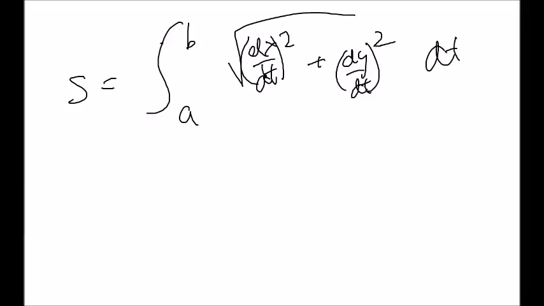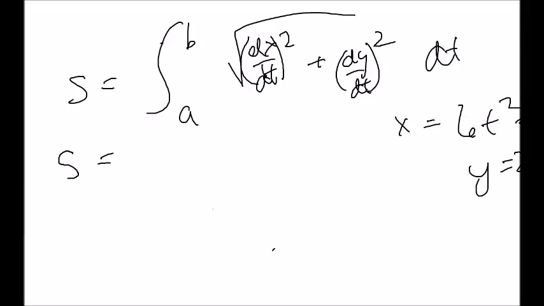Let's do an example. Let's do number 46 in 10.3. It's just a pretty basic integration problem. We're trying to find the arc length of the curve x equals 6t squared, y equals 2t cubed from 1 to 4.